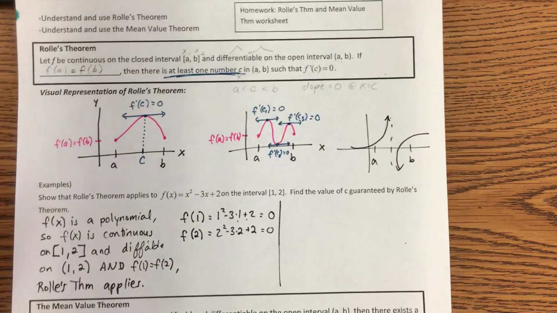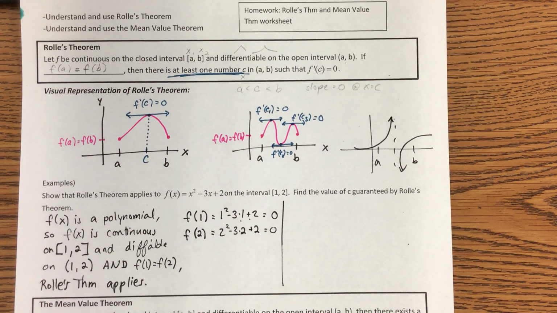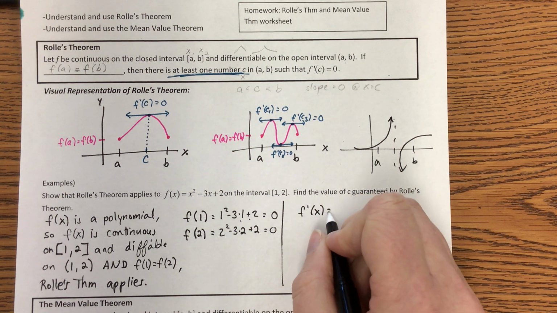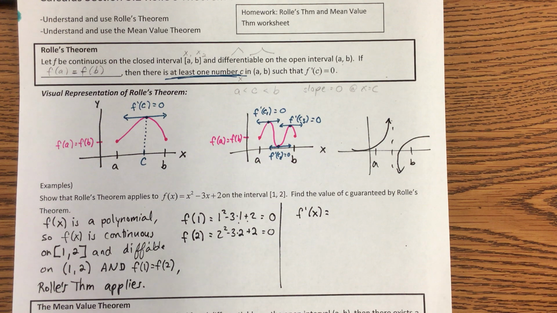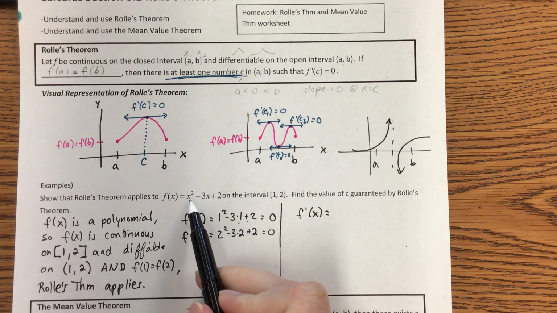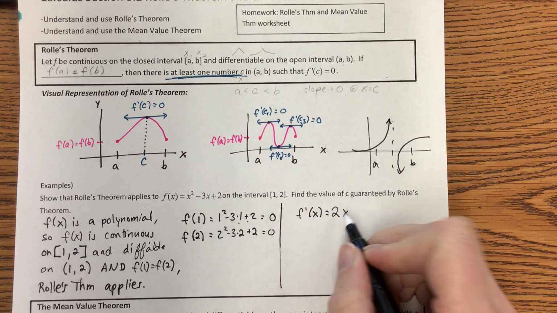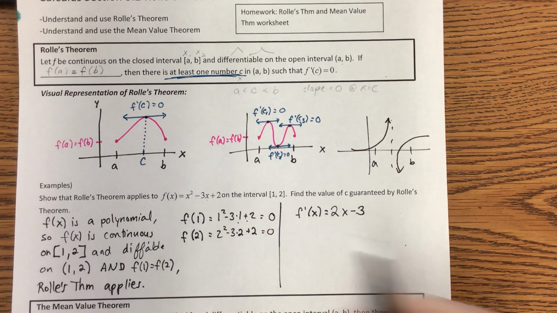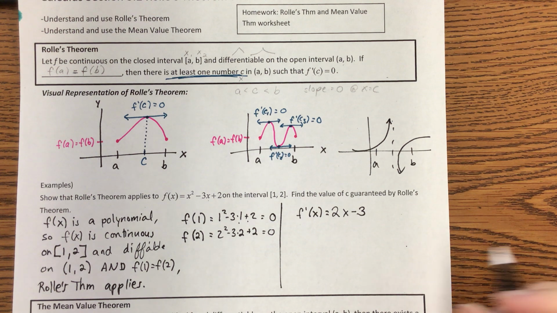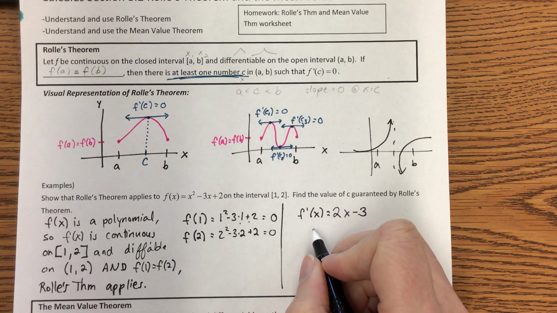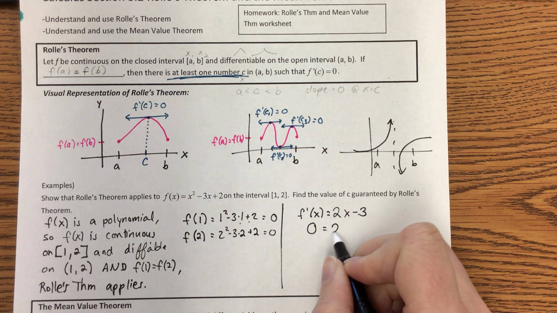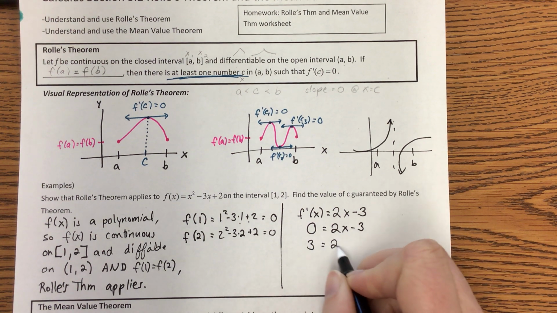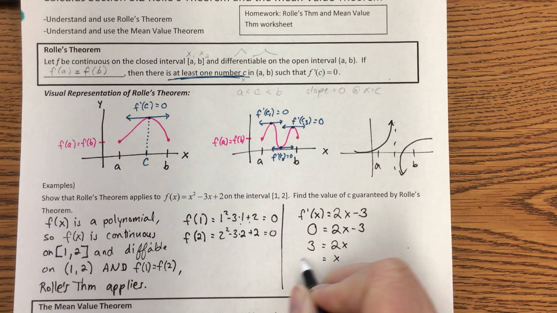Okay, so we are going to say that f prime of x equals 0 at some point. Let's find the derivative. X squared's derivative is 2x, negative 3x's derivative is negative 3, and 2's derivative is 0. So we know that somewhere 0 is going to equal 2x minus 3. Add 3, divide by 2.